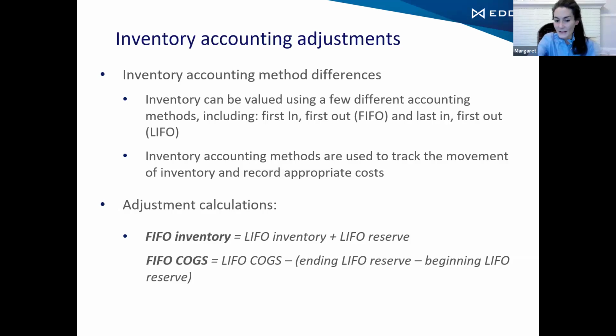And to get your COGS amount, you take the original COGS and you subtract out the change in the LIFO reserve. All of those items can easily be found in your income statement and balance sheet. And this is coming from someone who did not do well in accounting class, so none of these adjustments are difficult.